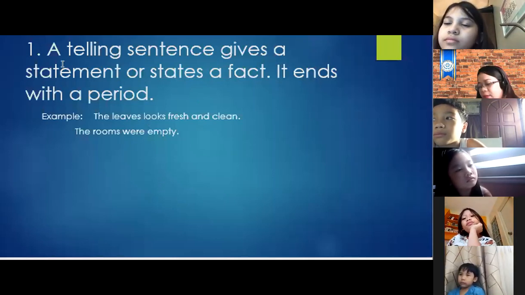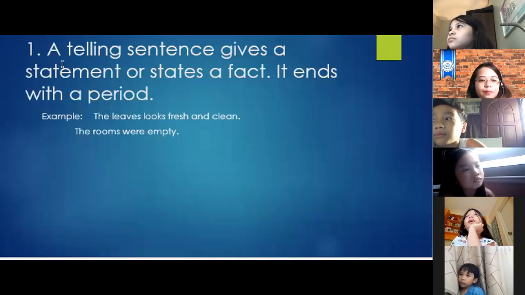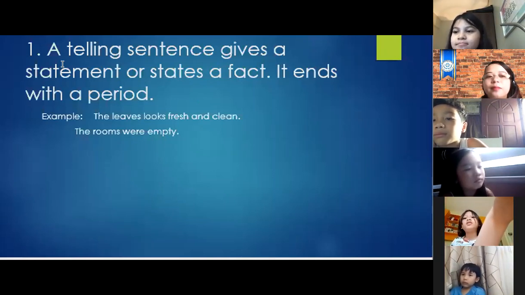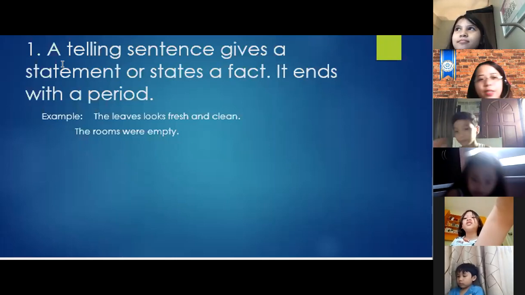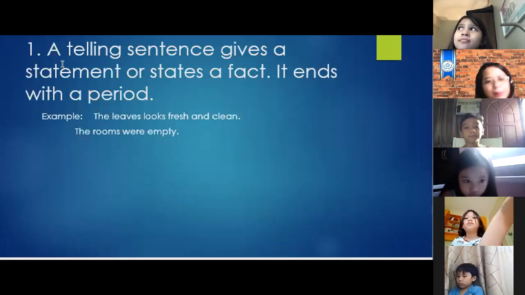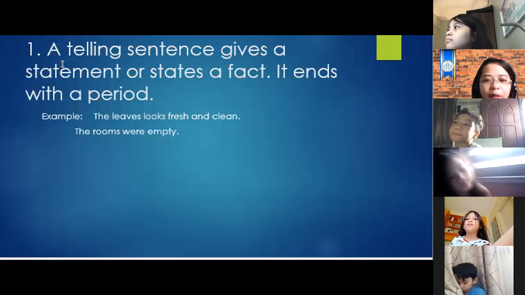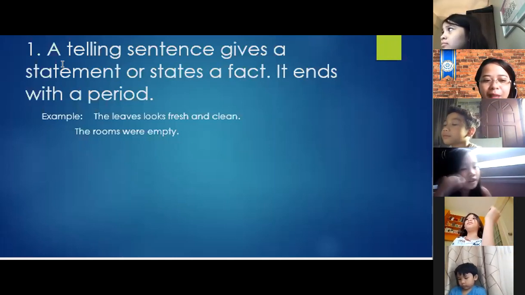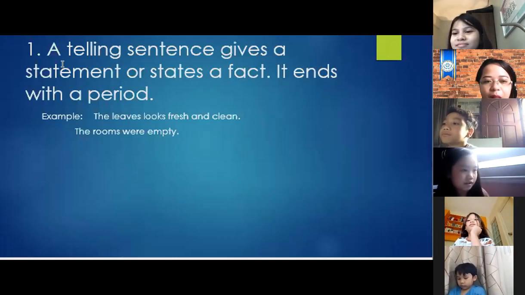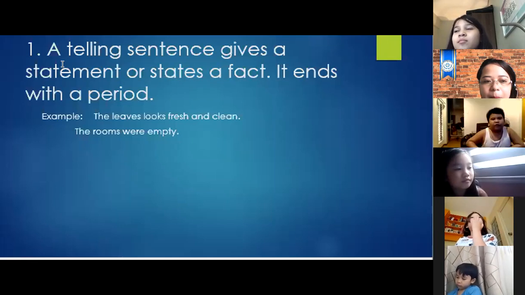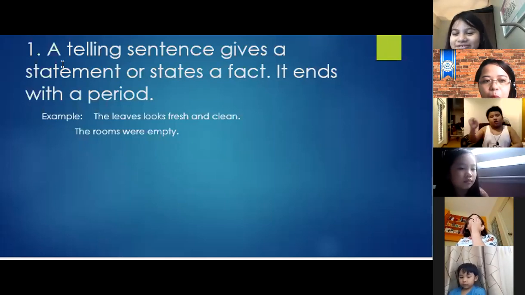What else can you give as an example? Anyone? The food smells nice. The ginger tea tastes good. My room is tidy. I like eating candy. My exam starts soon.